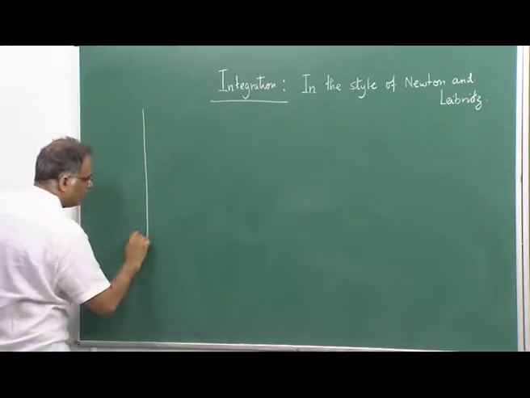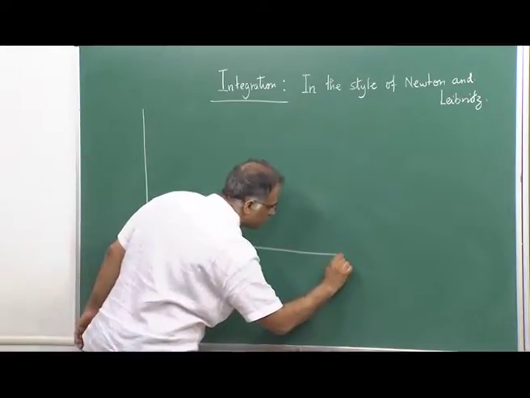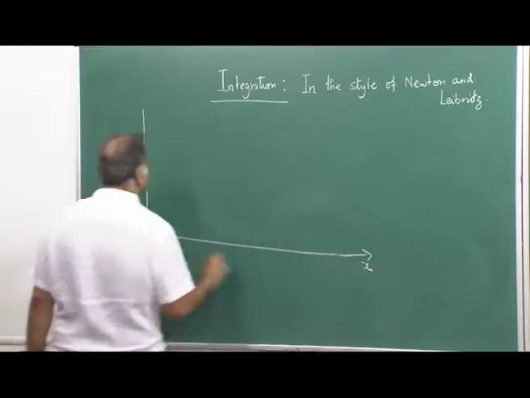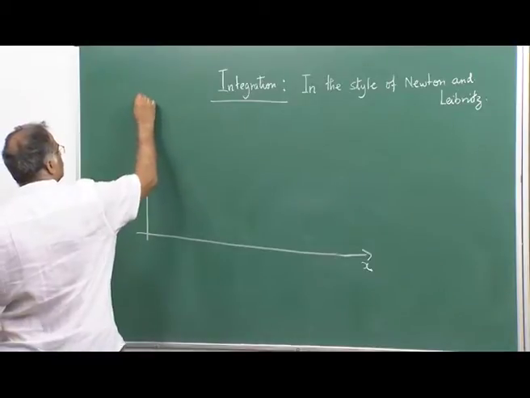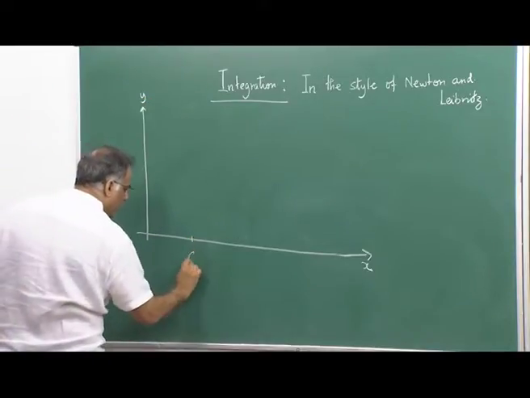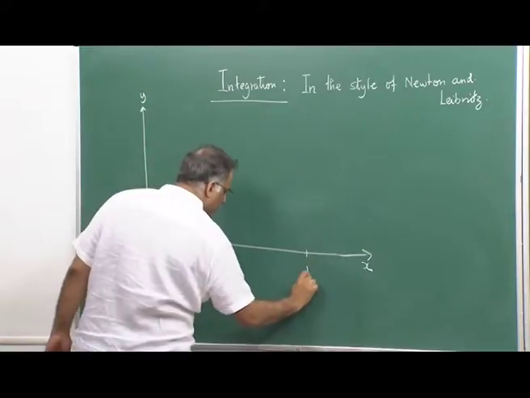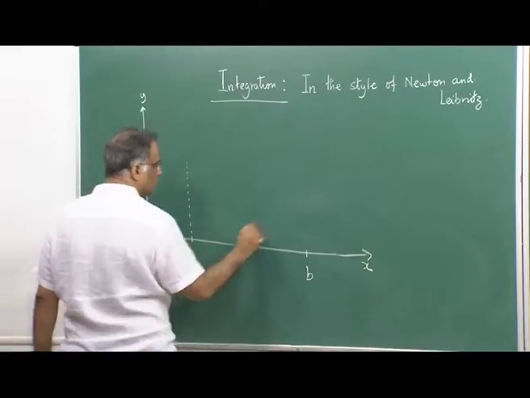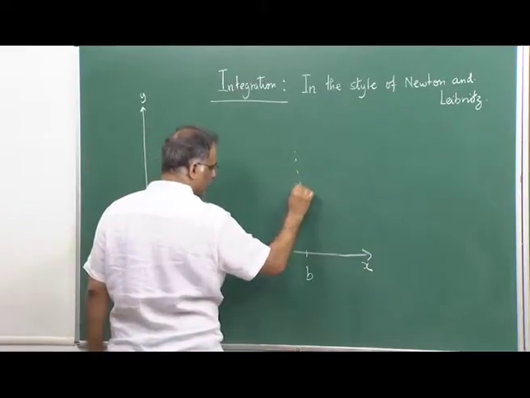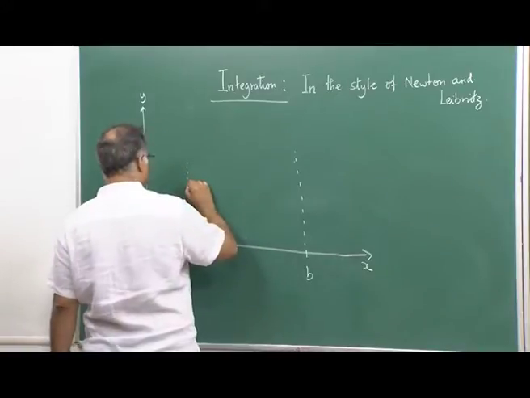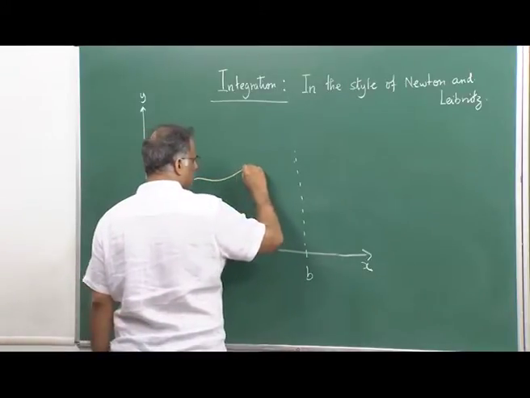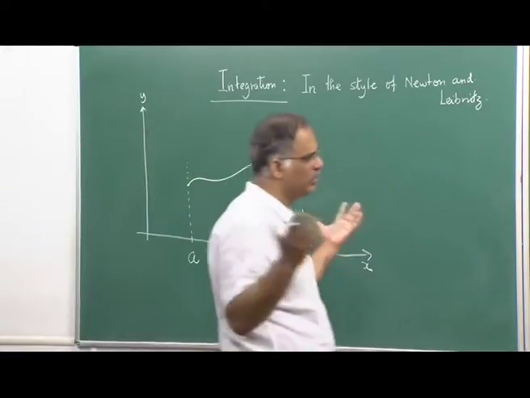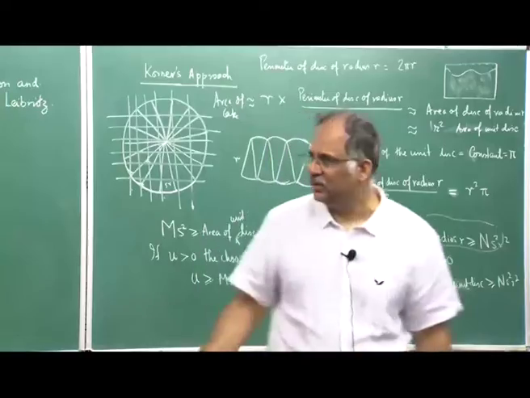So here is my x axis and y axis, and here is A, here is B. So here is a line x equal to A and line x equal to B. So let this be a curve, a nice continuous curve. In those days, these sort of curves were what people were using. They were not talking about discontinuities and all these things.